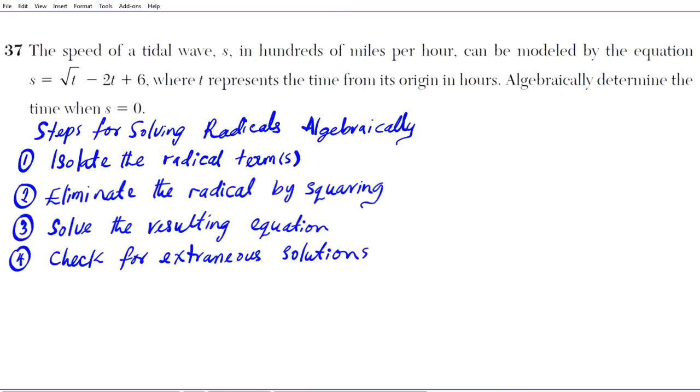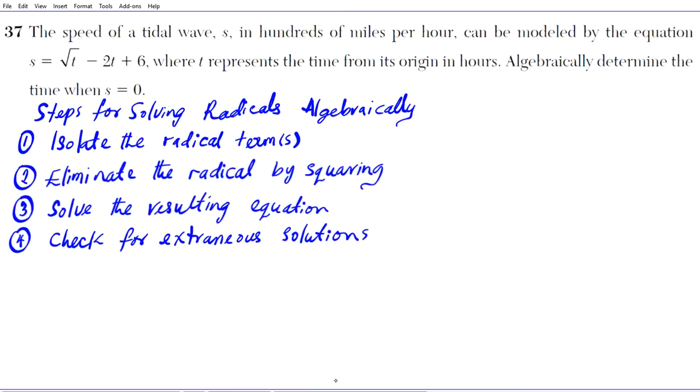Alright, so let's go ahead and solve this radical equation right here. The original problem is s is equal to root t minus 2t plus 6. We're asked to find t when s is equal to 0.